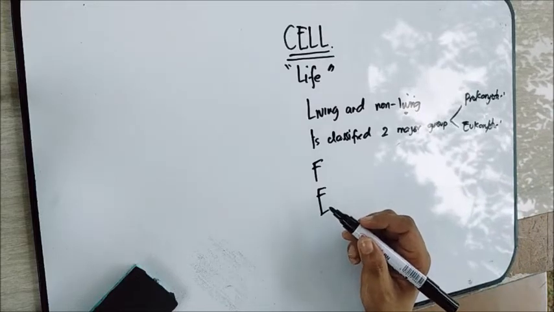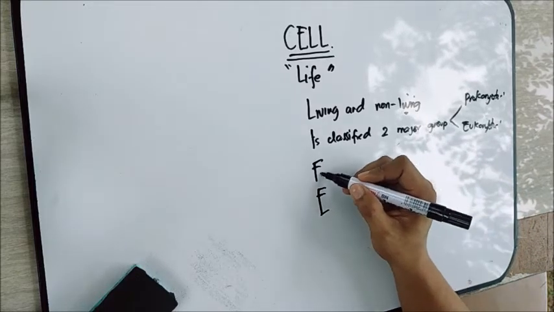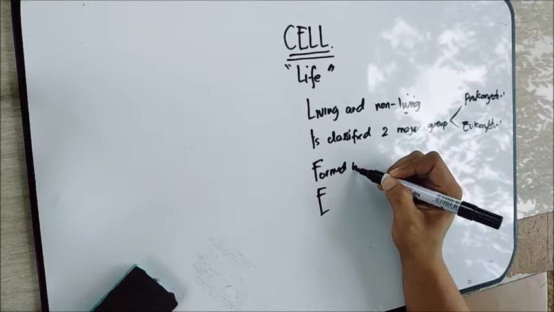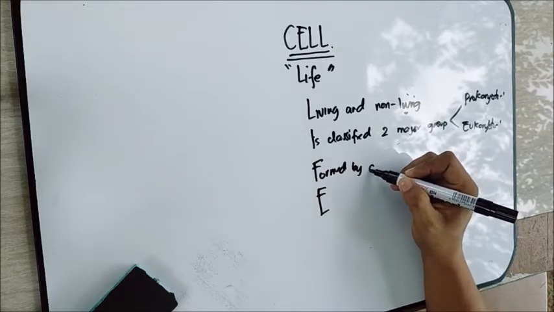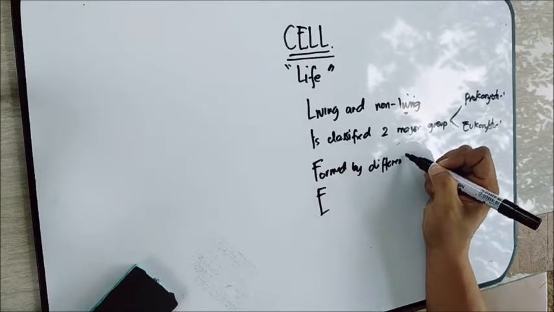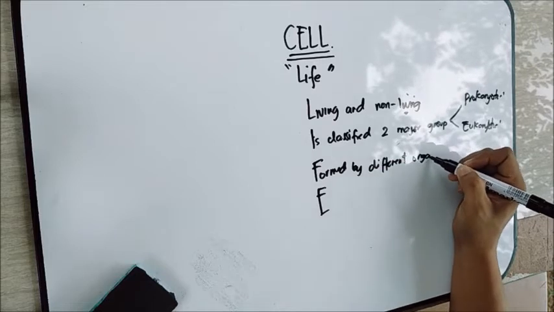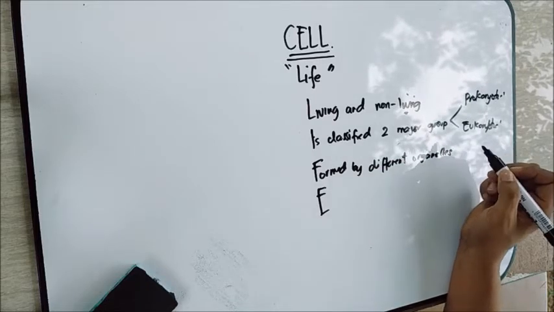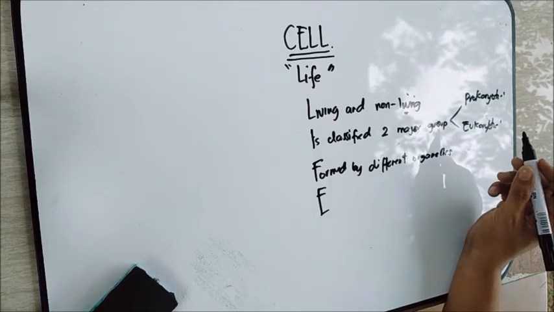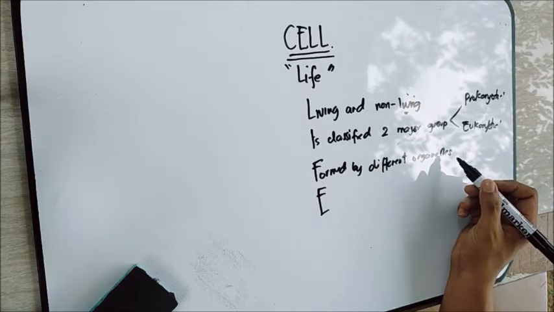Now, a cell is also formed by different organelles. These organelles are actually little organs working together for the viability of the cell.